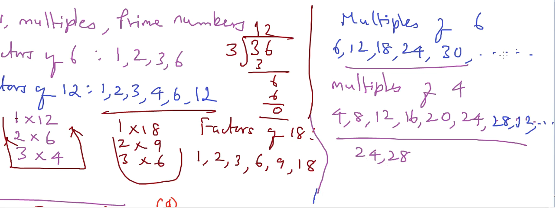When you say between two numbers, you should not include those numbers. But if we ask what are the multiples of 4 from 20 to 30, then 20 also should be included: 20, 24, 28.